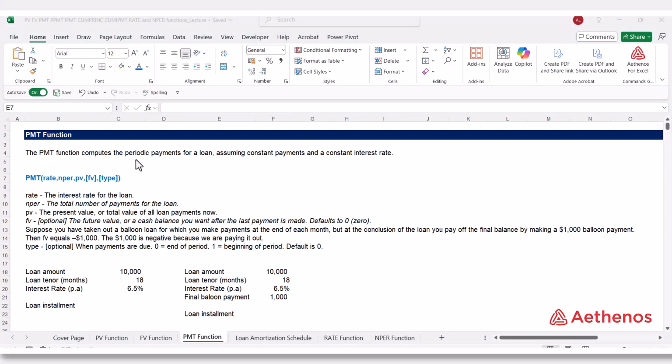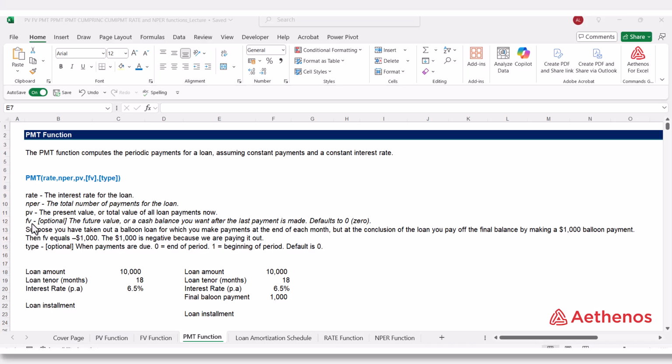We can use the PMT function to calculate the periodic payments like on a loan or a lease, the equated monthly payment, assuming constant payments and constant interest rate. So the syntax is this: PMT, we give the rate, NPER, number of payments, and PV, the present value or total value of all the loan payments in current terms.